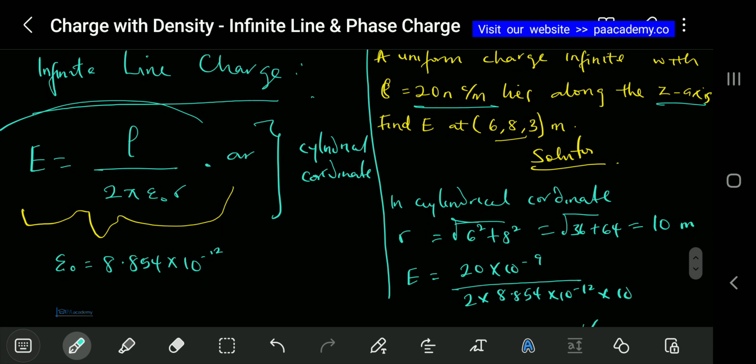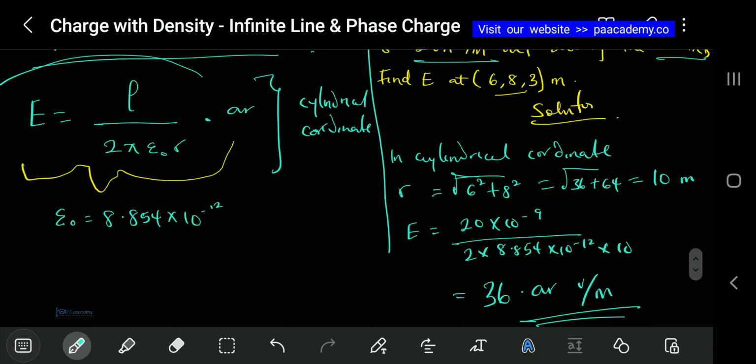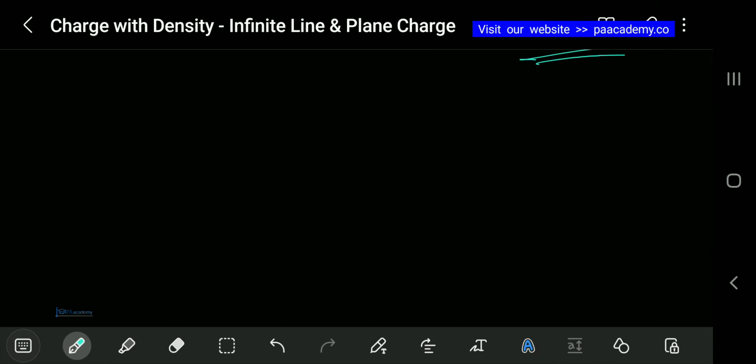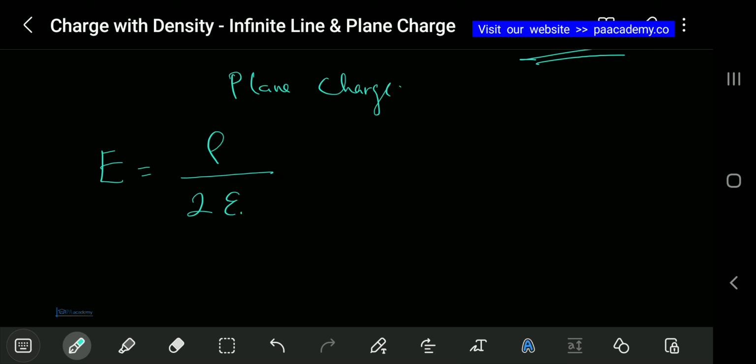So that's for the infinite line charge. Now let's quickly look at the plane charge. I think it should be plane charge, not phase charge. For the plane charge, the formula for calculating the intensity is the charge density over 2 multiplied by E naught, in vector form, with the unit vector.